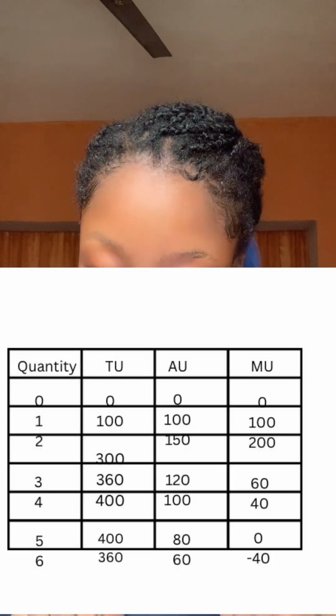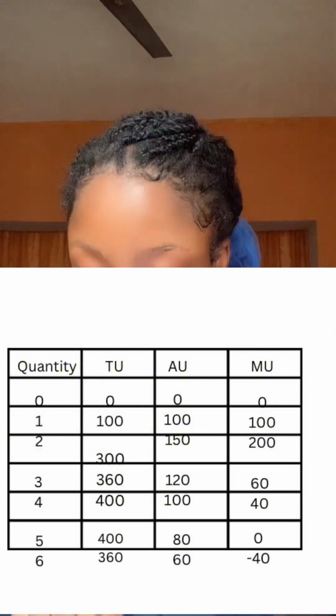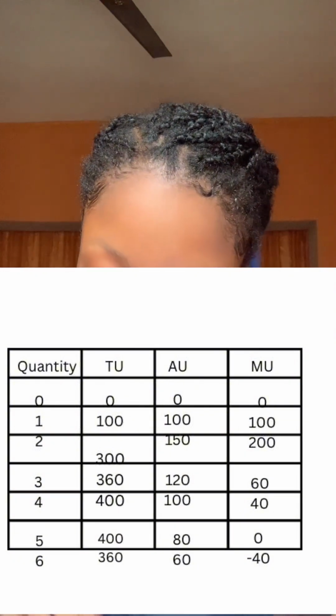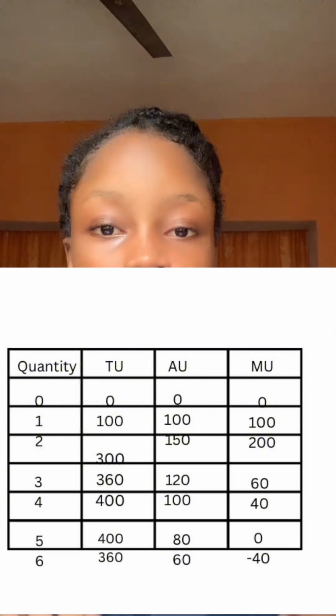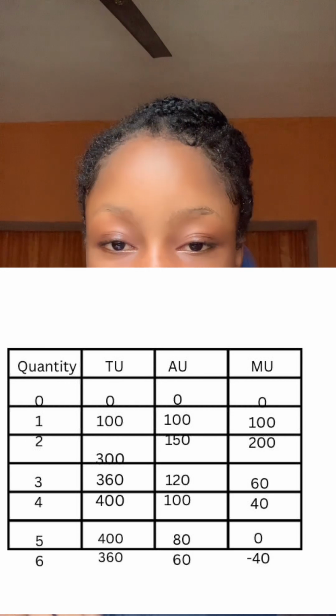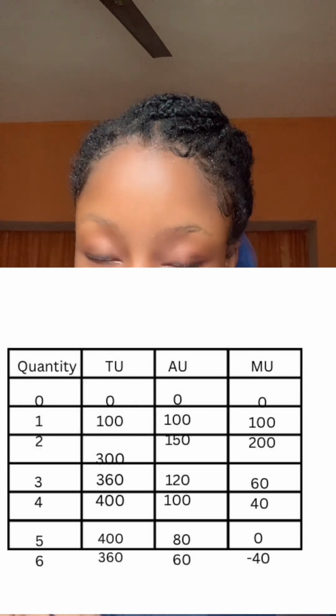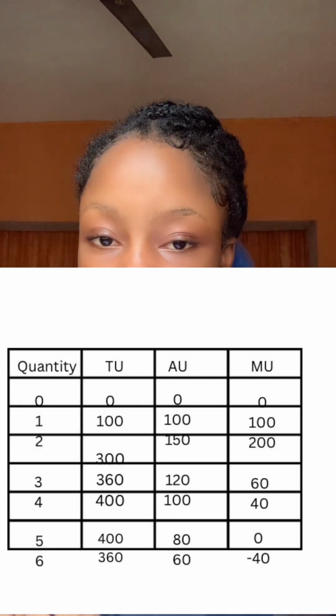So looking at this whole table, we can see that total utility continued to increase from 100 to 300, 360 to 400, which was the maximum point of satisfaction the consumer could derive. 400 was the maximum point.